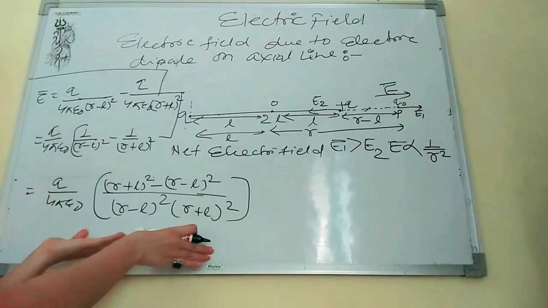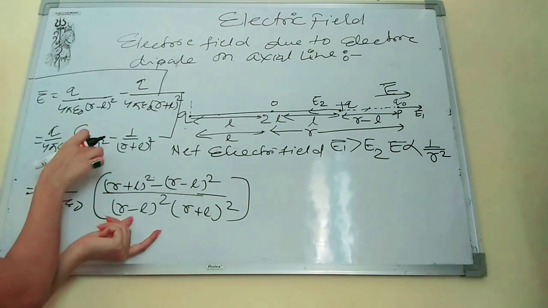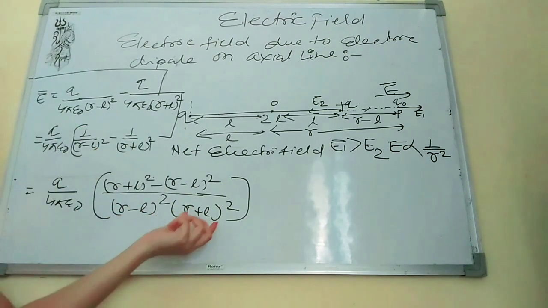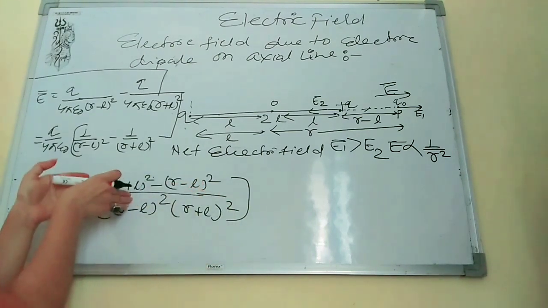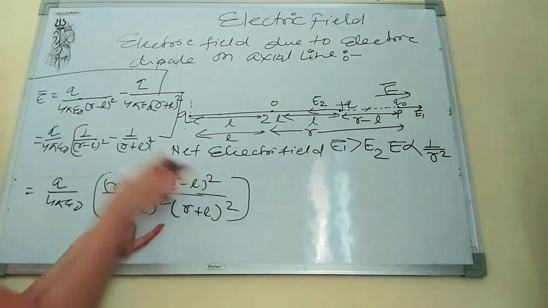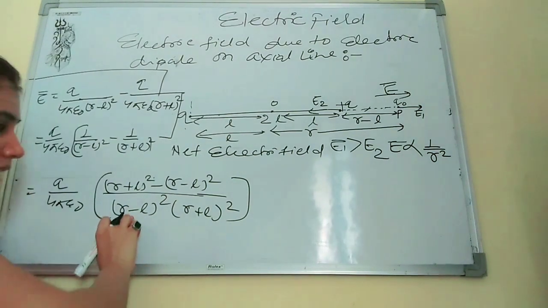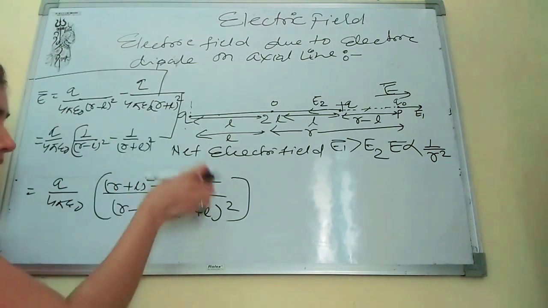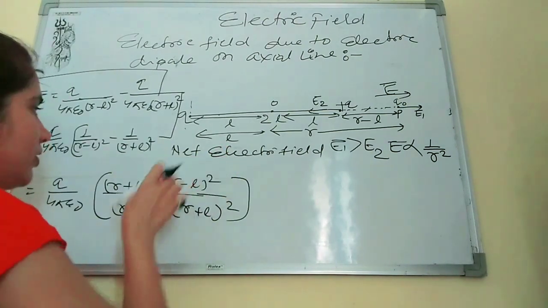Simply we have taken the LCM and we get this. If we divide this term by (r minus L) square, it will become r plus L square; we simply multiply with this one. Then again we divide this term by (r plus L) square, then we get (r minus L) square, and we simply multiply with 1. Then it will become (r minus L) square.